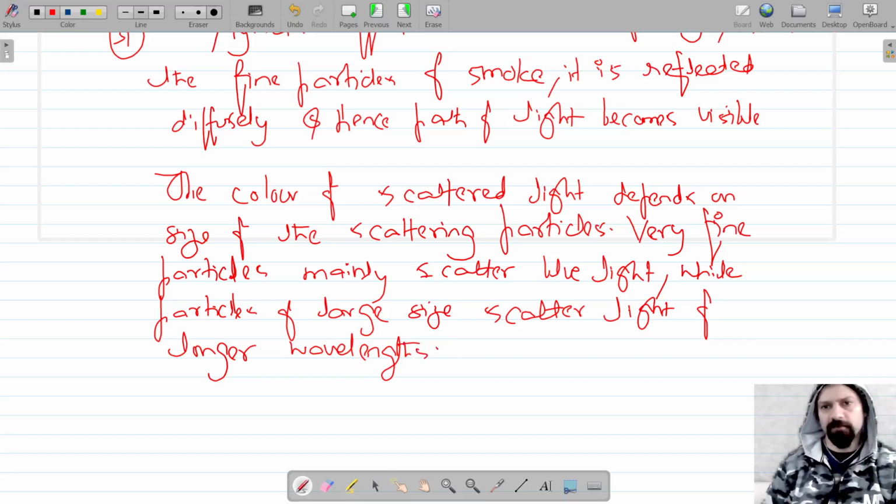That means the very fine particles scatter light of shorter wavelength. If the particle size is large, they scatter light of longer wavelength.